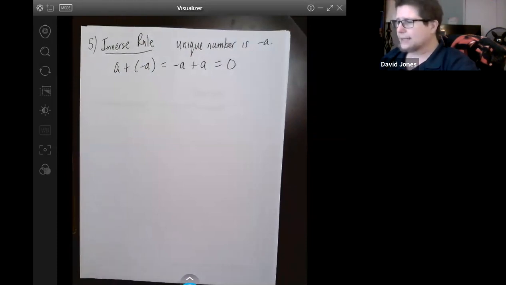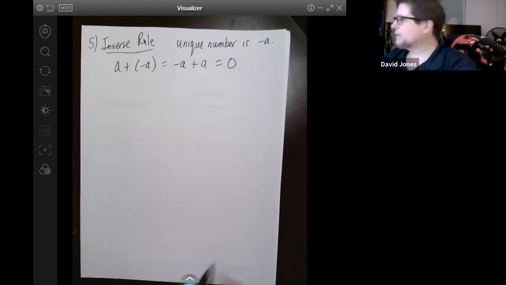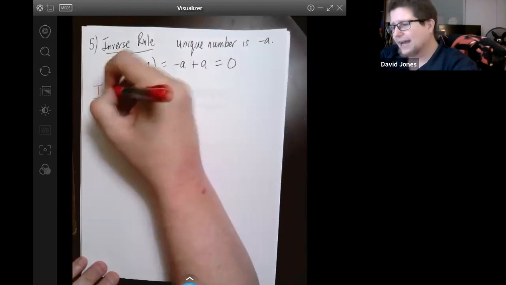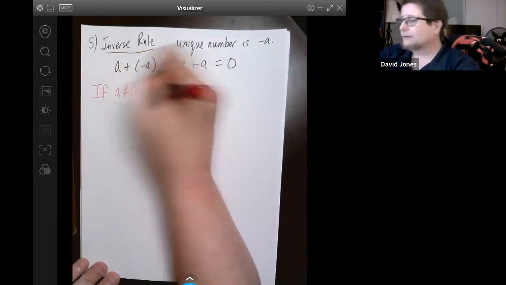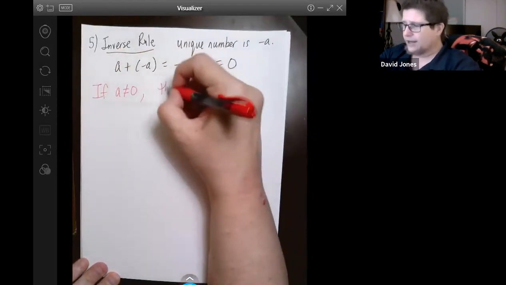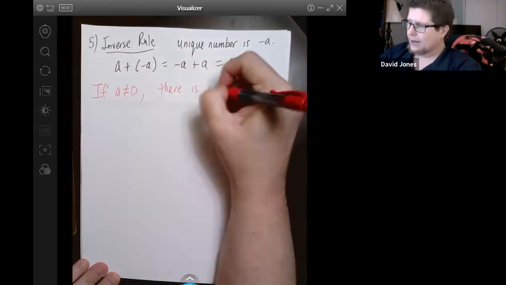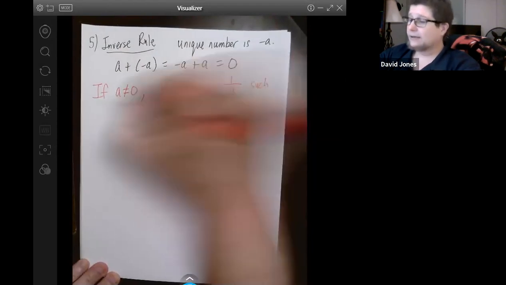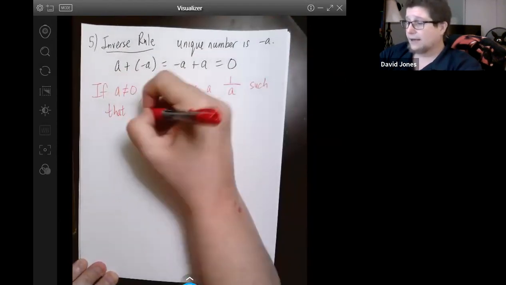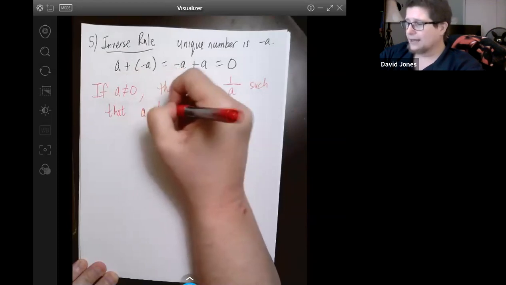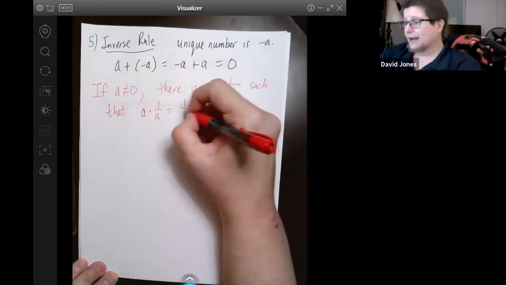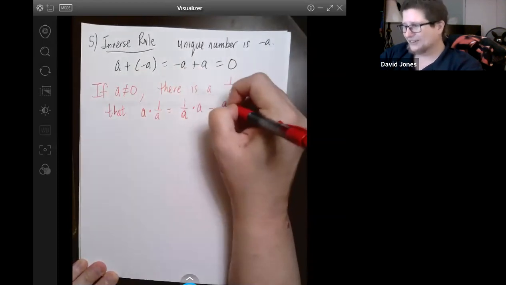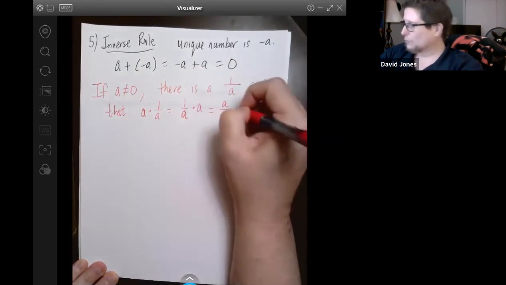And we can translate this to multiplication as long as we apply the rule: if A does not equal 0, there is a 1 over A such that A times 1 over A equals 1 over A times A, which equals A over A, which equals 1.